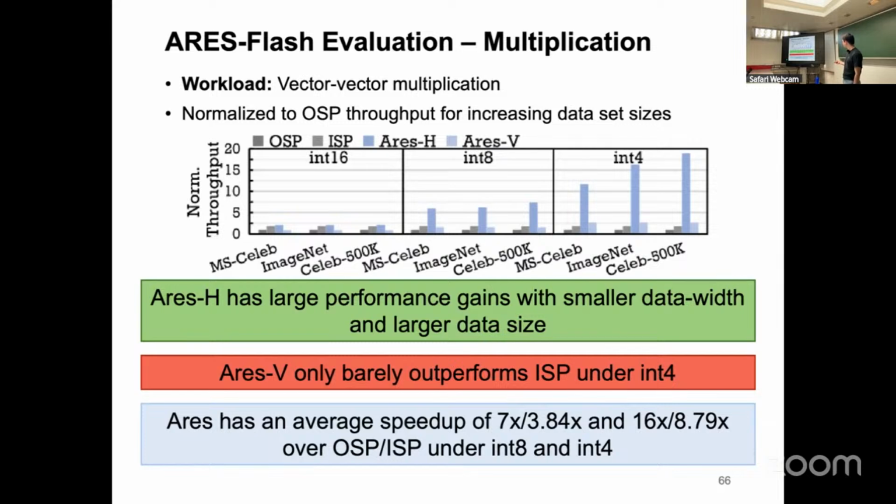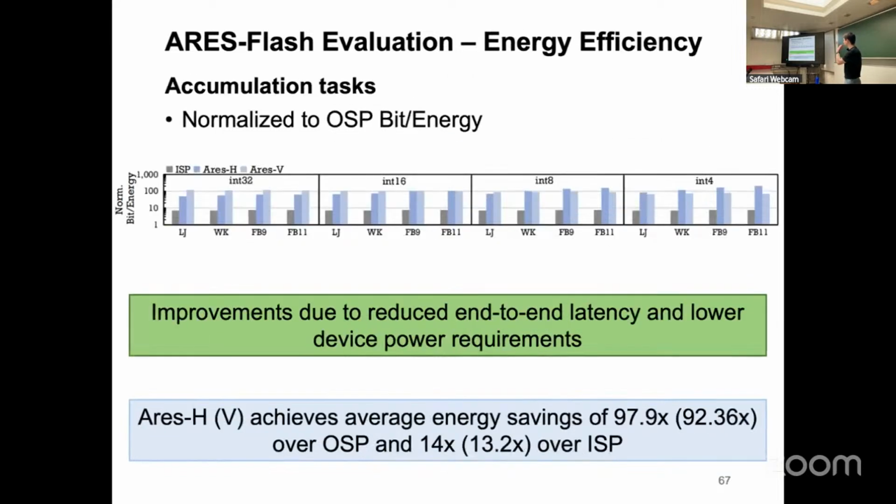So yeah. Now for the energy efficiency, here you see the normalized to out-of-storage processing bit per energy. We have quite good energy savings with almost 100x improvements over out-of-storage processing, which is great.